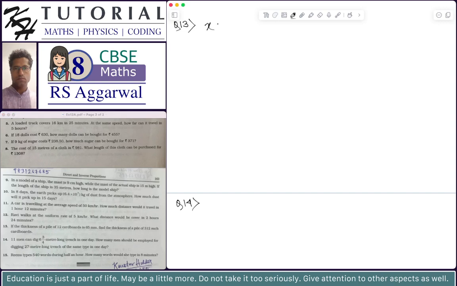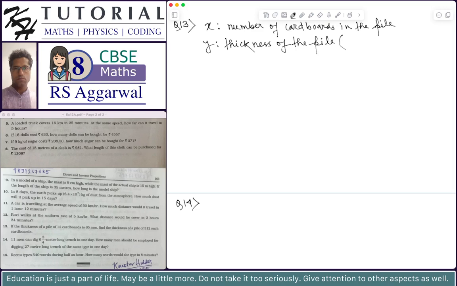So we can consider X as the number of cardboards in the pile, and Y to be the thickness of the pile.